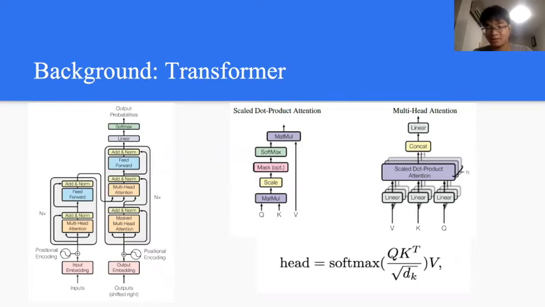The scaled dot-product attention in the transformer can model pairwise relevance by calculating attention weights between pairs of elements of an input sequence. Its output can be computed by the equation shown in the slides.